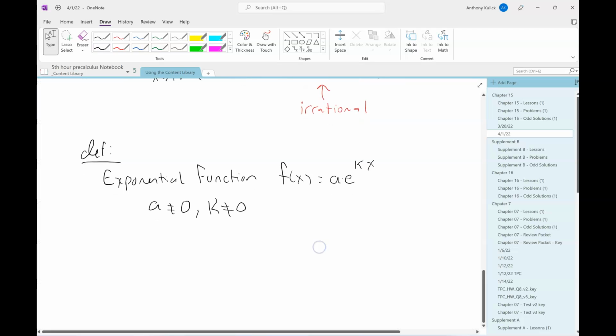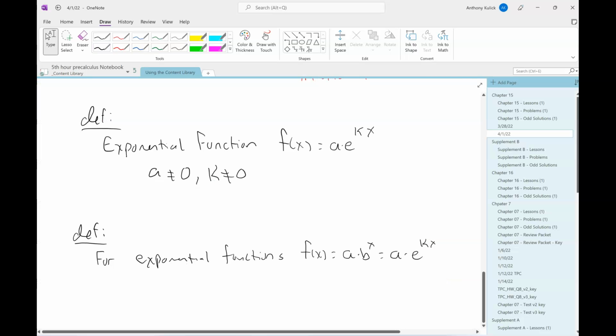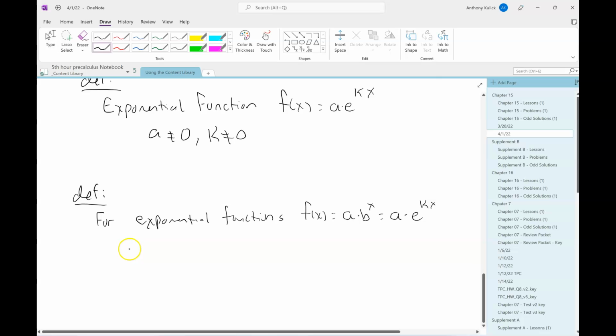All right, so when we talk about exponential functions, whether we're talking about either version, there are basically two types of exponential functions.